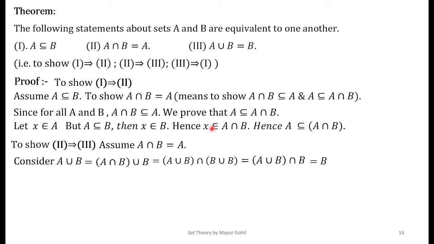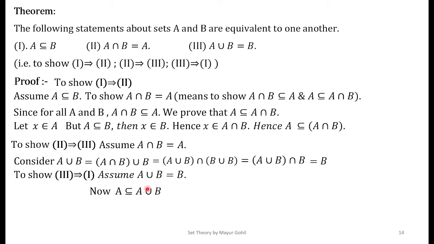So see here, 3 implies 1. A union B is B is given to us, and we are supposed to show that A is a subset of B. Assume that A union B is B, right? That's given to us. Now we know that A is a subset of A union B. We had seen this identity in our laws of sets.